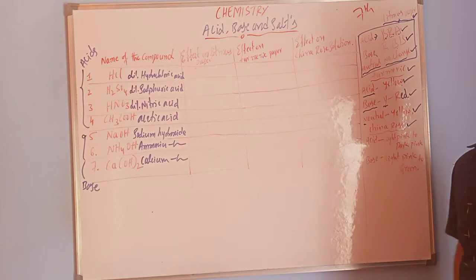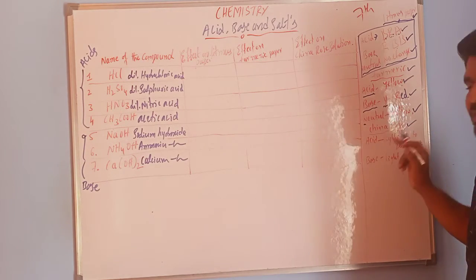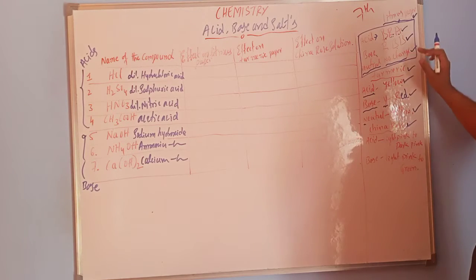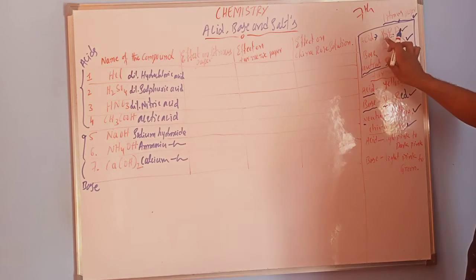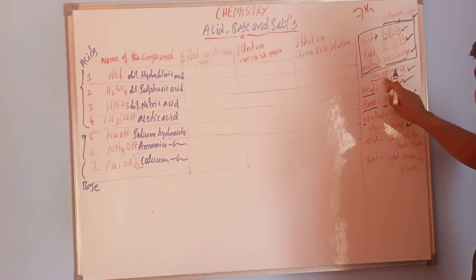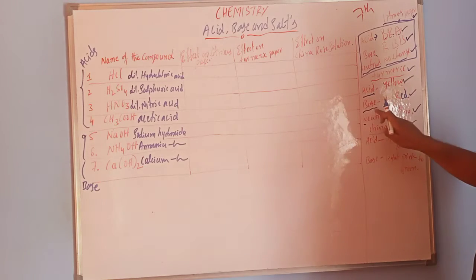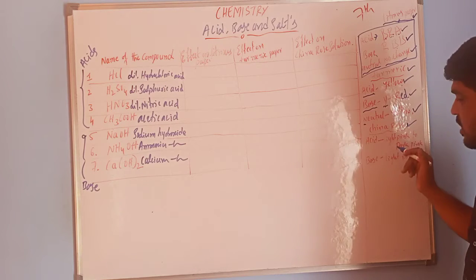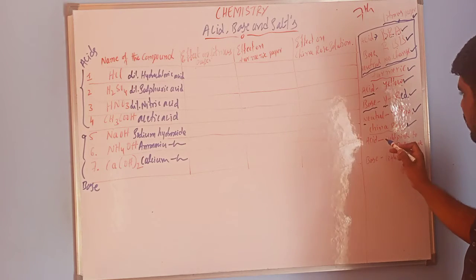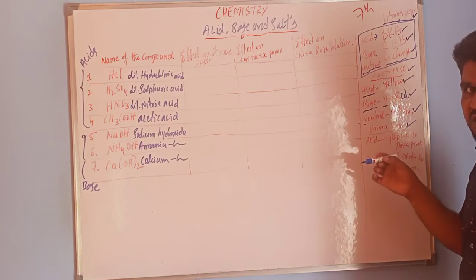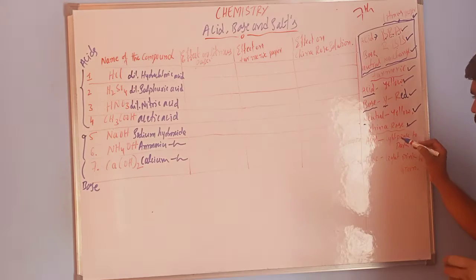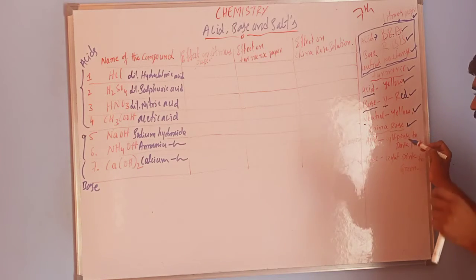Next is China rose petals, the third natural indicator. You have to remember a trick. In litmus paper: blue to red acid, red to blue base, neutral no change. In turmeric: acid no change, base yellow to red, neutral no change. In China rose, generally the color is light pink.